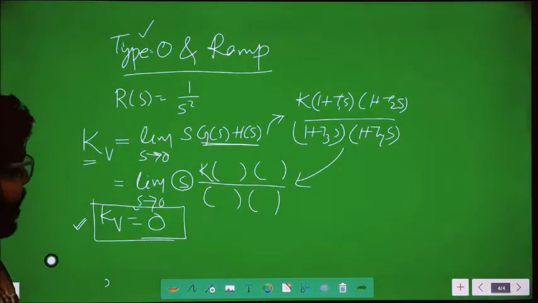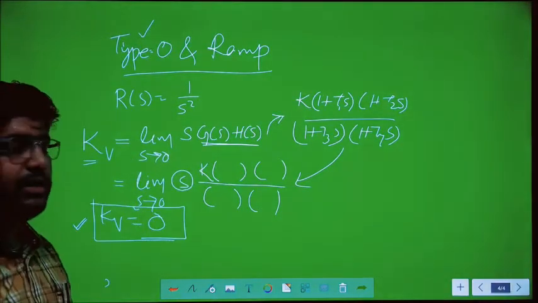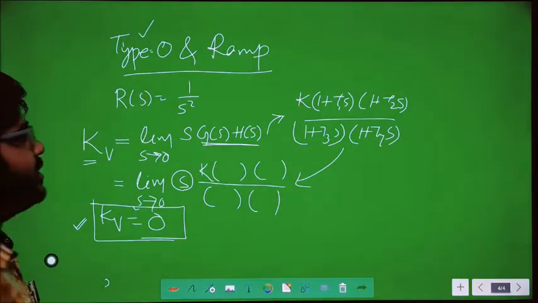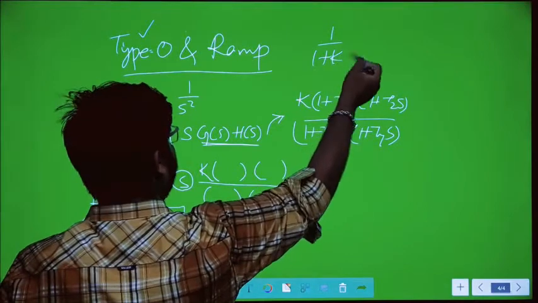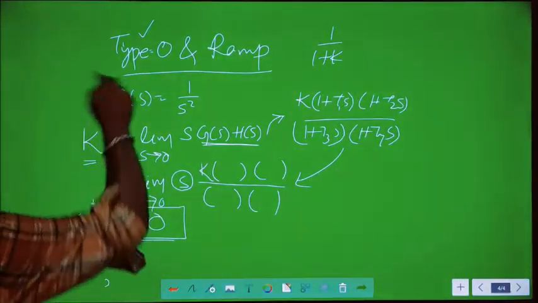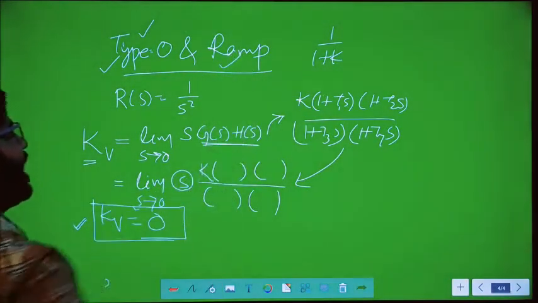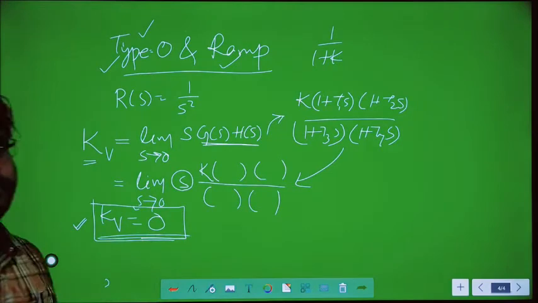Clear? But what did we find? For the positional error constant for a type 0 system, we found 1 by 1 plus kp. But for the same type 0, if we change the input to a ramp input, what do we get? kv equal to 0.